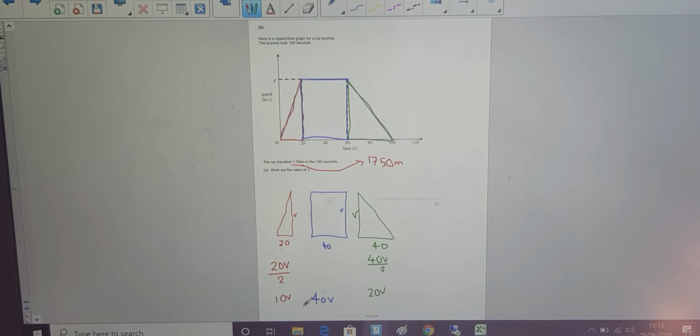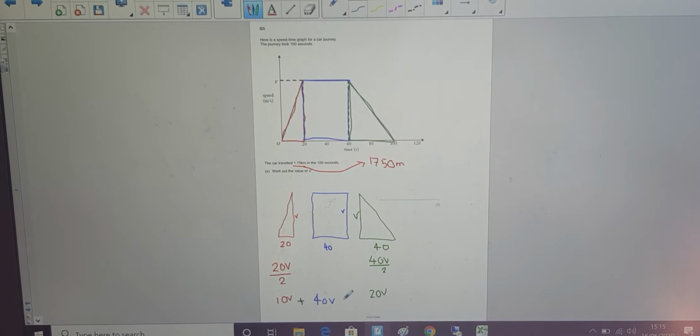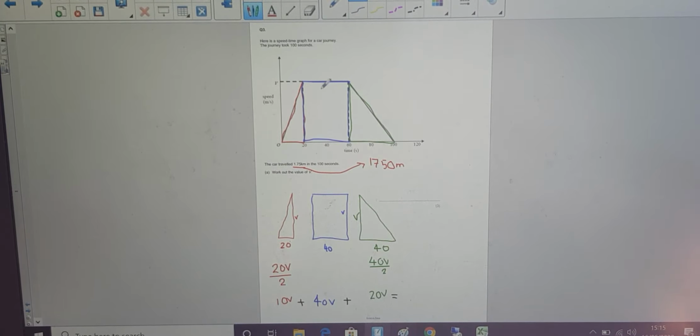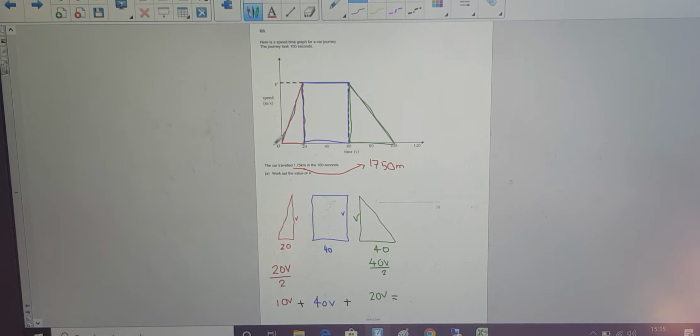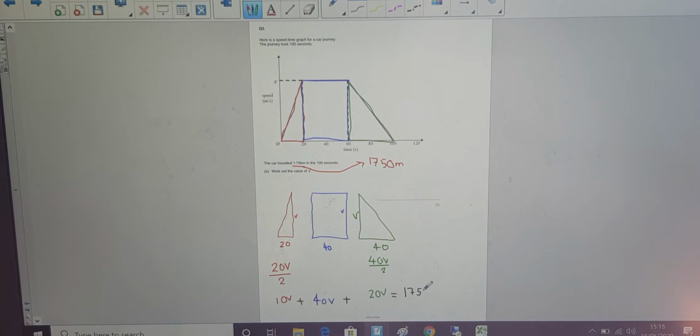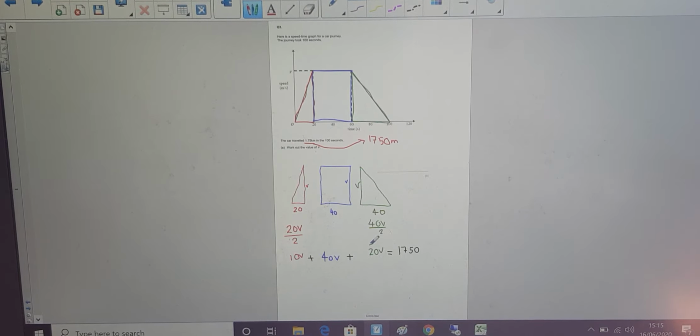So I know that the total of those will give me the total area. And I know for speed time graphs, the area underneath is the distance. Let's make my life more simple.